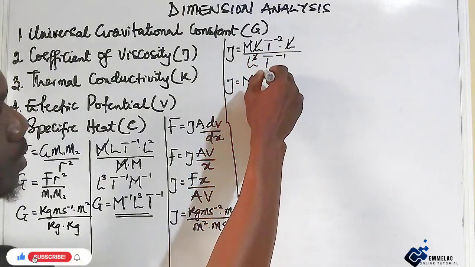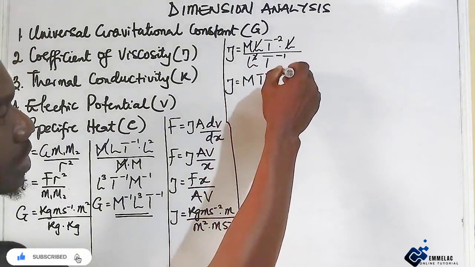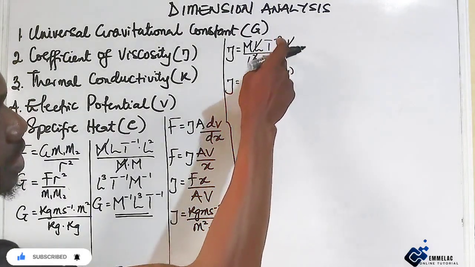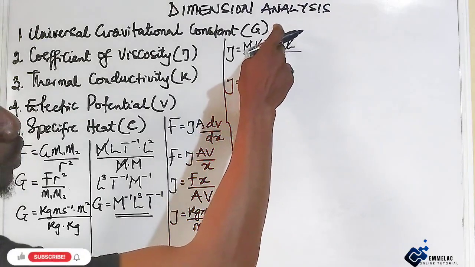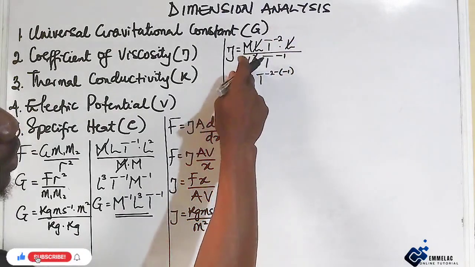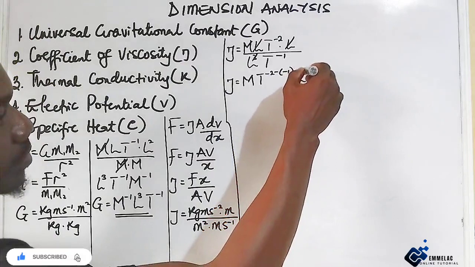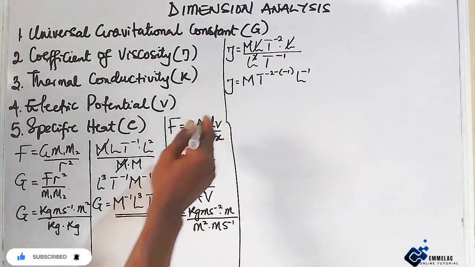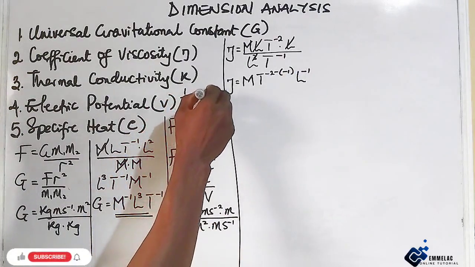Now for T, we have T raised to the power minus 2, then minus, according to the law of indices, minus 1, since this is dividing. So our L in terms of indices becomes minus 1. Let us recall, according to the law of indices, that 1 over a equals a raised to the power minus 1.